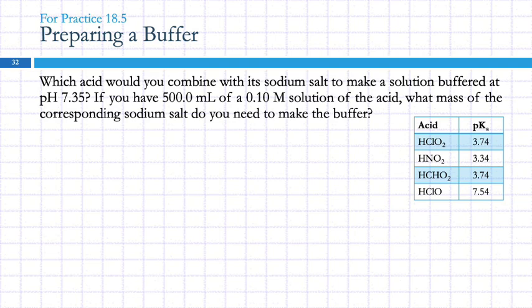Okay, so first let's think about what they are talking about when they say sodium salt. Well, we're going to have a weak acid, right? And when a weak acid ionizes, it forms hydrogen ions and the conjugate base. In order to have a buffer, we need the weak acid and its conjugate base.